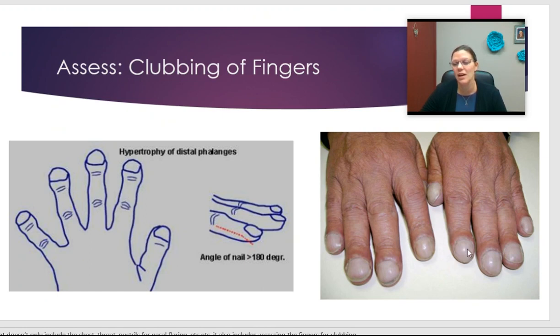So you can see the curve of the nail is greater than 180 degrees, okay? In a normal finger, it would be 180 degrees where it's just flat. But this curves downward. And then also there's hypertrophy of the distal phalanges, where basically it's just larger than it should be.